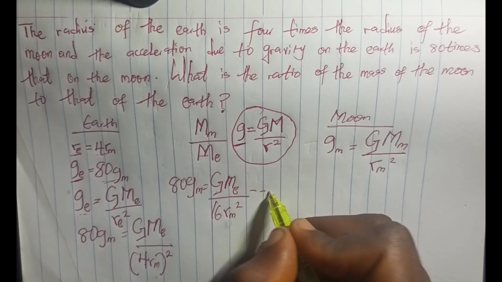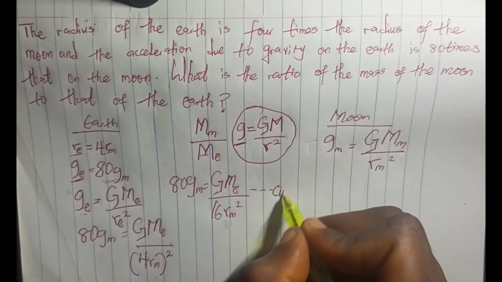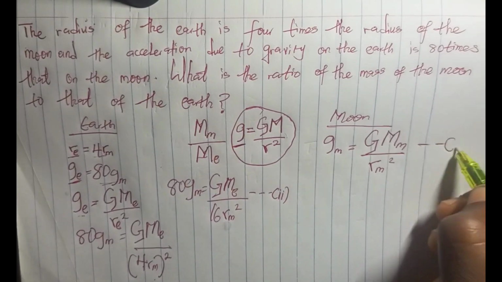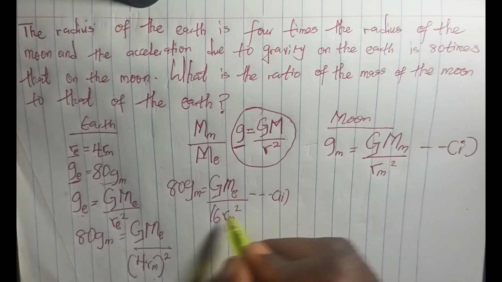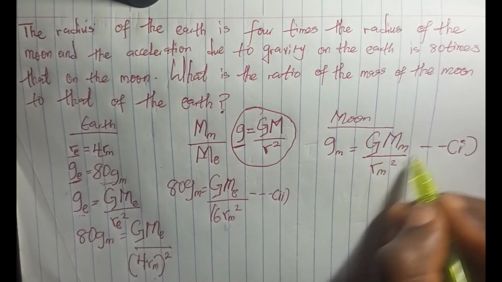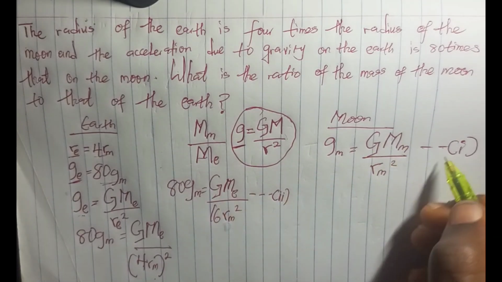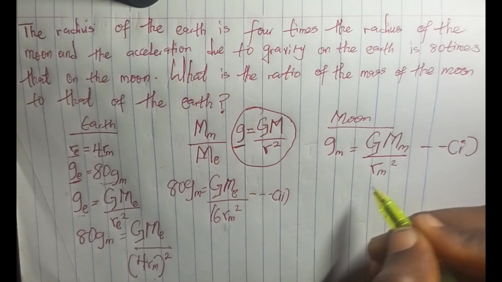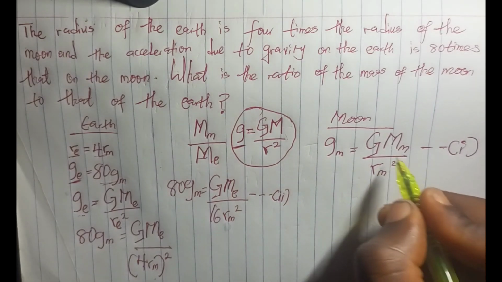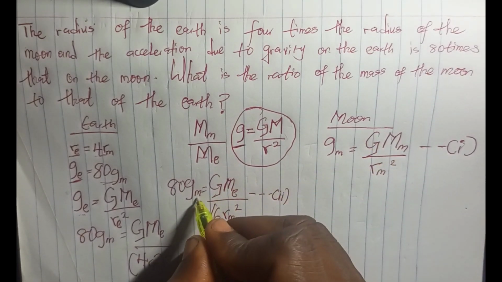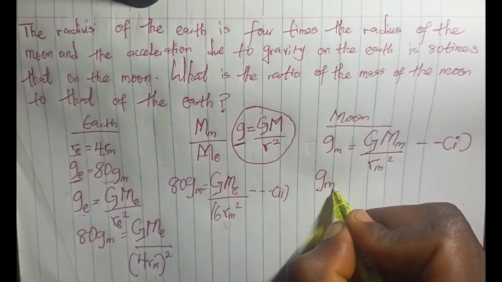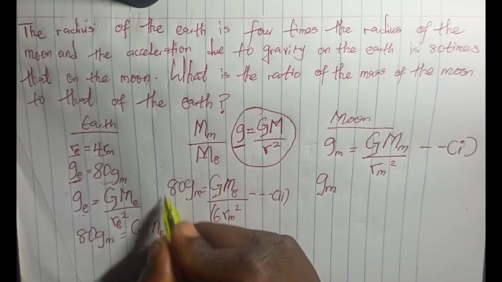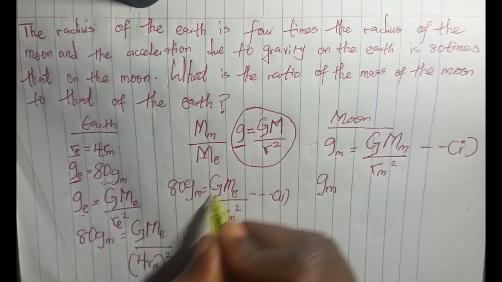So I will take this as my equation 2, and I'll take the earlier one as my equation 1. Do you understand? I'm having equation 1 and equation 2. For this one, there's nothing I can do for now except a mere relation. So I can say equation 1 divided by equation 2. This is the acceleration due to gravity on the Moon divided by the acceleration due to gravity on the Earth, which is this whole thing.